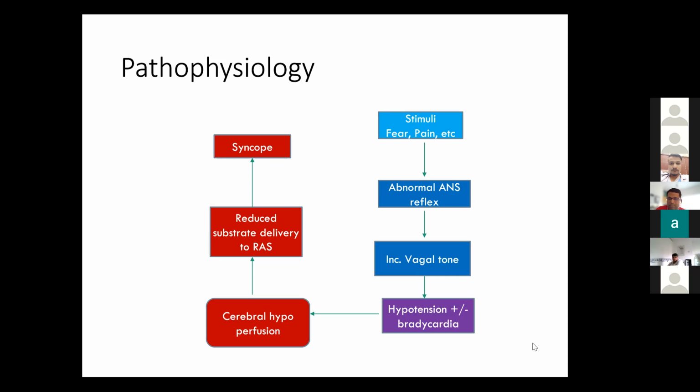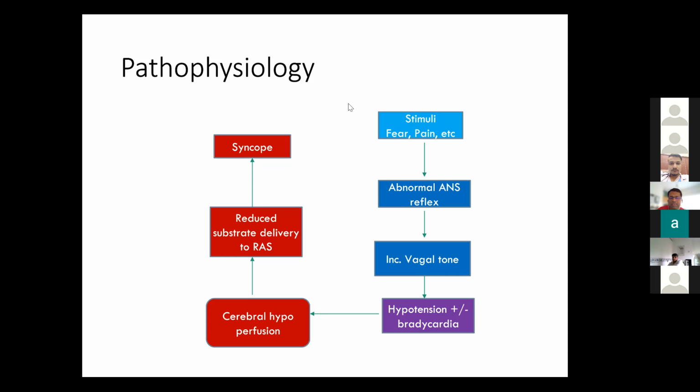If you interrogate the paramedics' notes, you can find these bradycardic, hypotensive episodes documented in their assessments and monitoring.